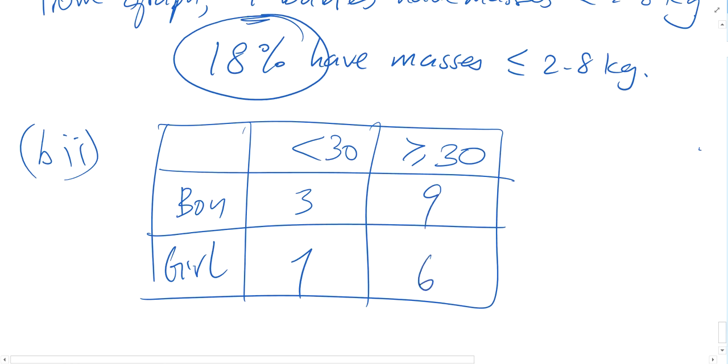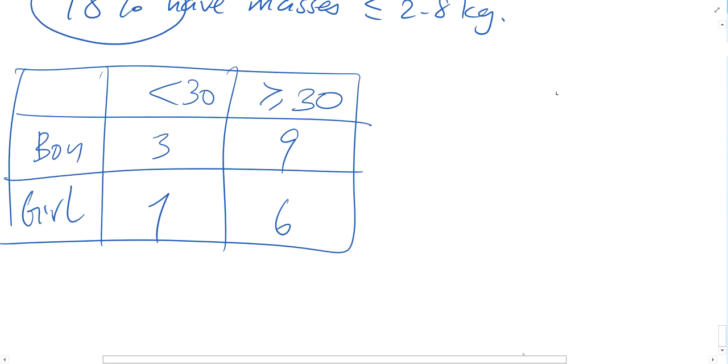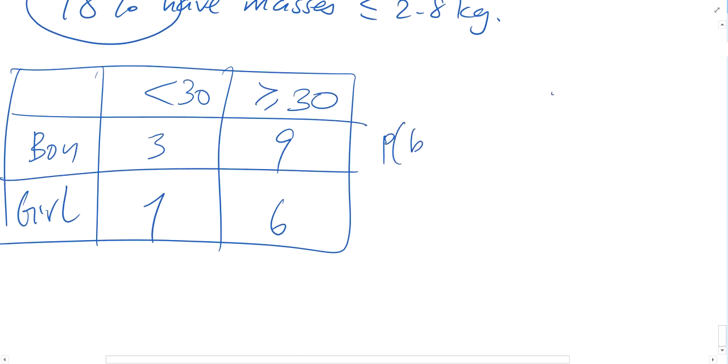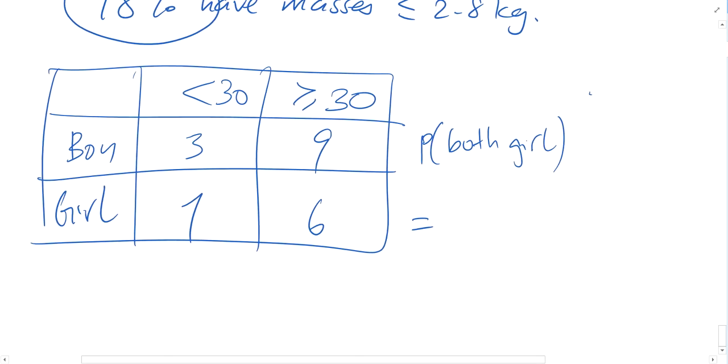For both of them to have a baby girl, the first woman must have a baby girl, right? Does it matter what her age is? No, it doesn't matter. So how many women have a baby girl? What plus what? 7 plus 6, which is 13.